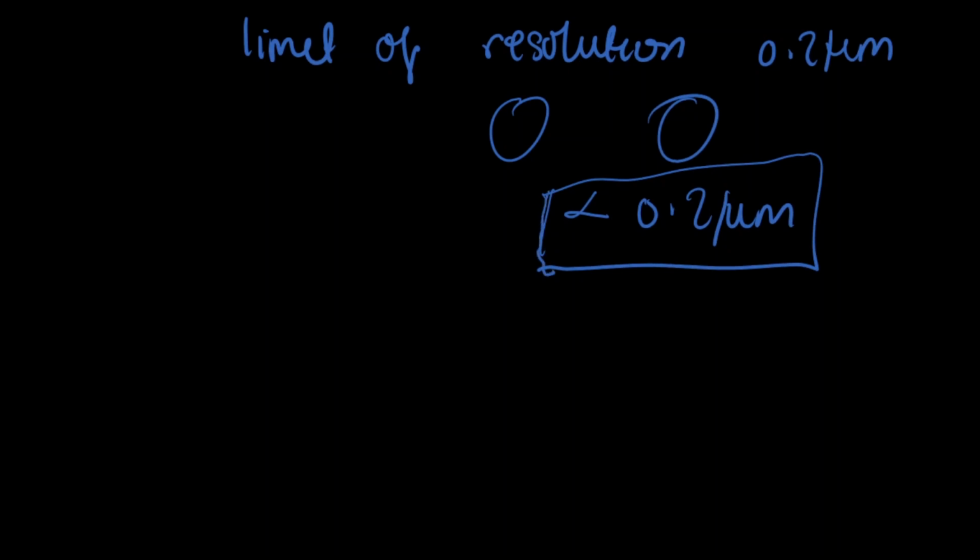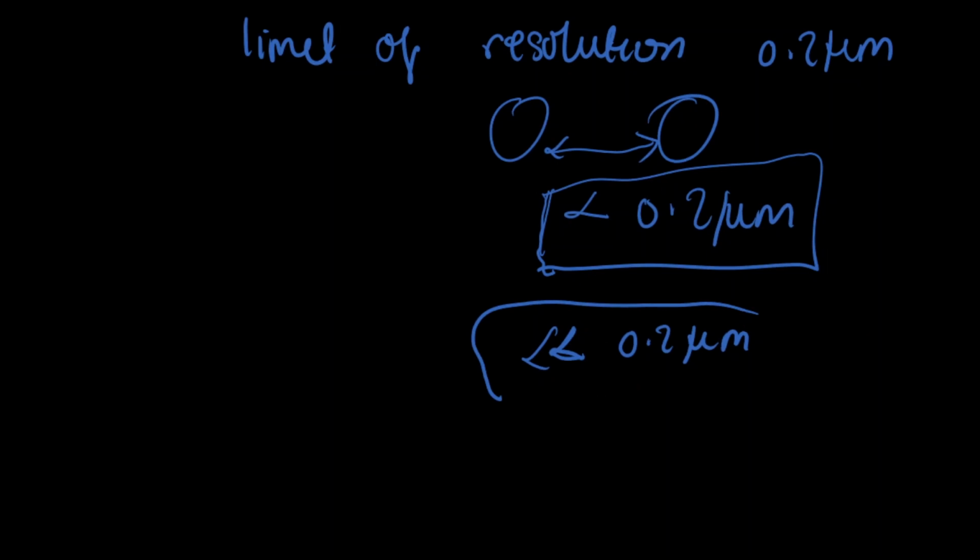So these two details will appear as though they were one in a light microscope. However, the resolution offered by an electron microscope is much higher. So even if the two entities had a distance far less than 0.2 micrometers, they can still be identified distinctively.